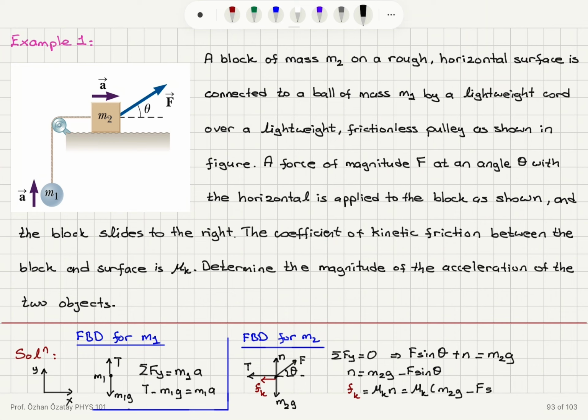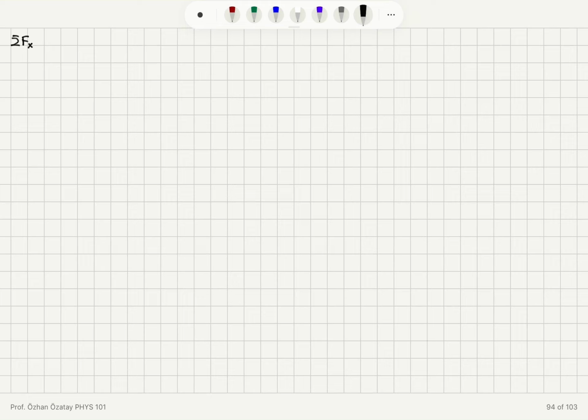Okay. Now we can basically look at the total force on the x-axis. Net force on the x-axis must be equal to m2 times a. And that means when I look at the x components, there is F cosine theta minus tension minus force of friction must be equal to m2 times a.